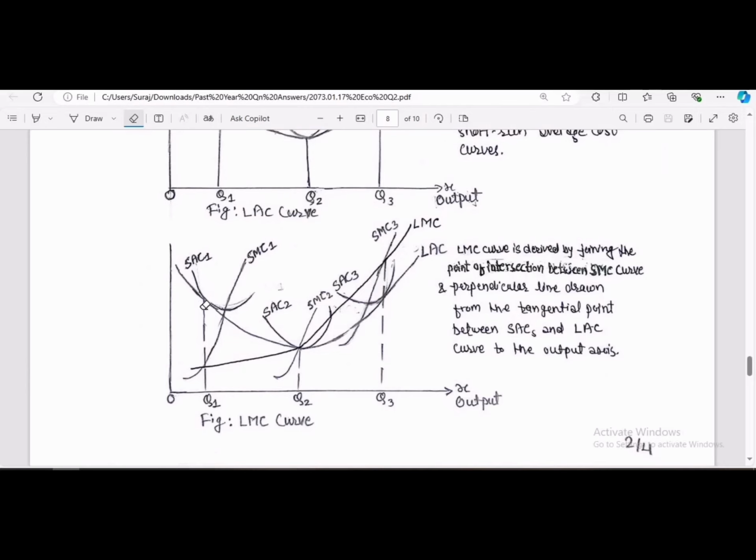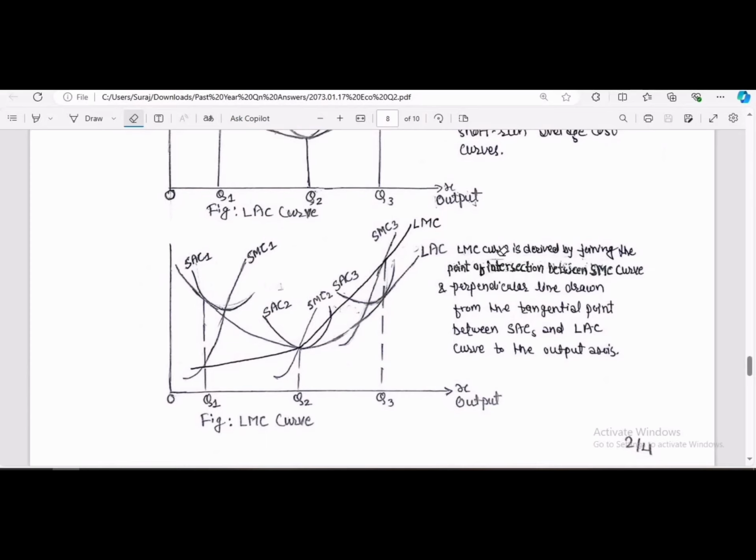So in SMC1 here is the point, and here in SMC2 here is the point, and in the third project it is the point where the perpendicular line meets the SMC curve. Now by joining all these points we will get the LMC curve.